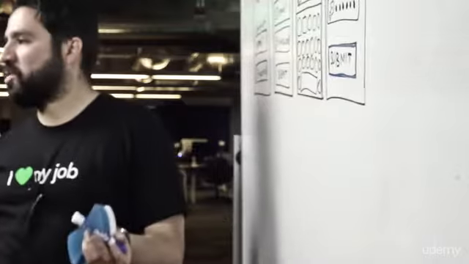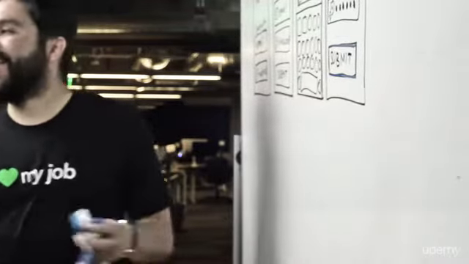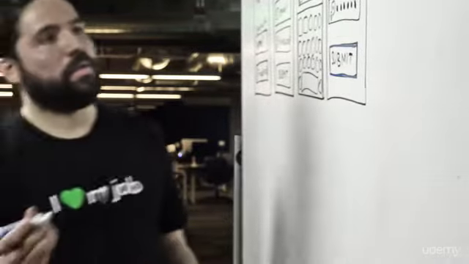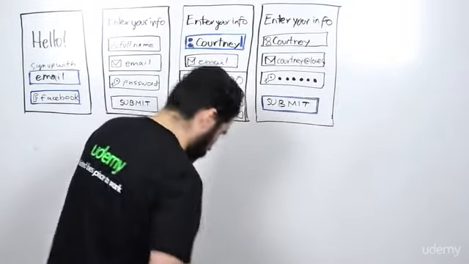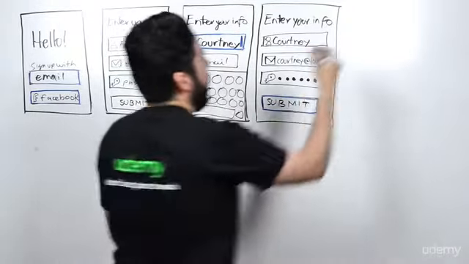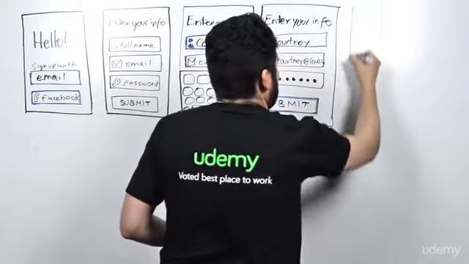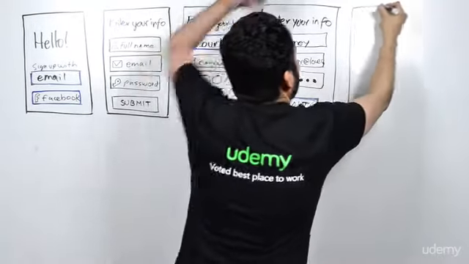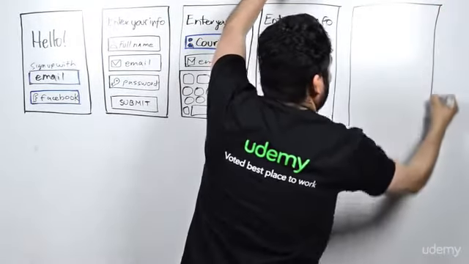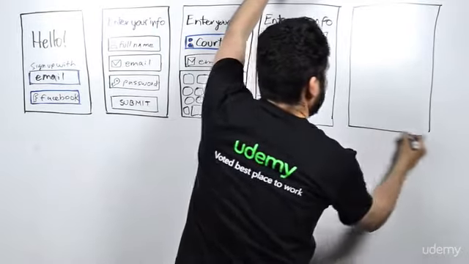This is almost complete, but let's add an error state to this one. Oh, not blue. Let's add an error message. I don't like errors, but we have to design for those, you know?